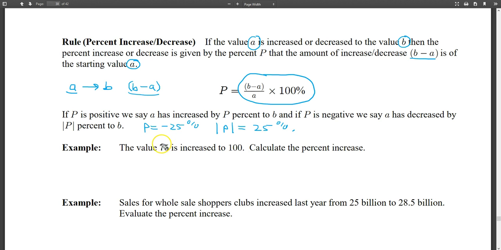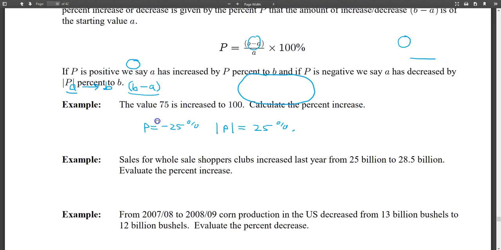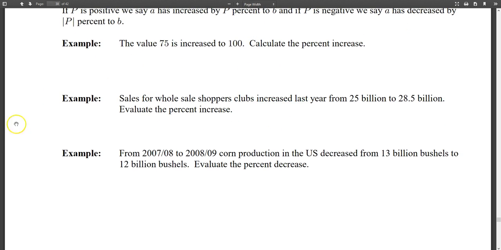So let's take a look at this. The value 75 is increased to 100. Calculate the percent increase. All right, so using our formula up here, we would evaluate 100 minus 75. That's the amount of change from 75 to 100.